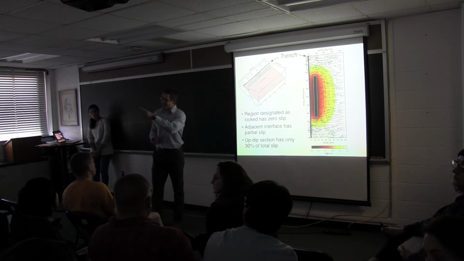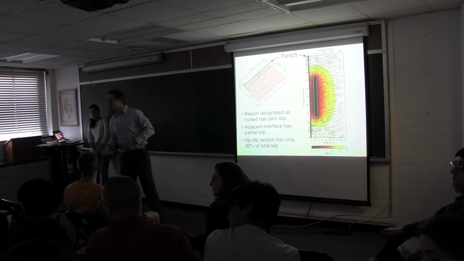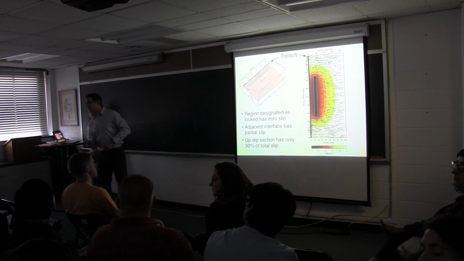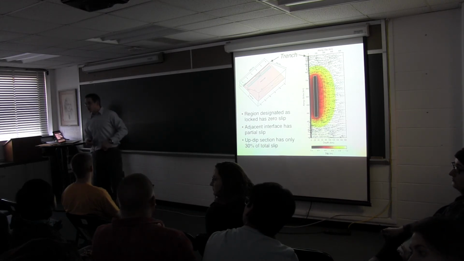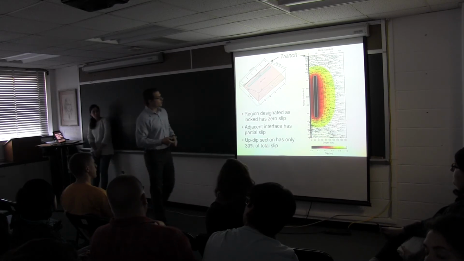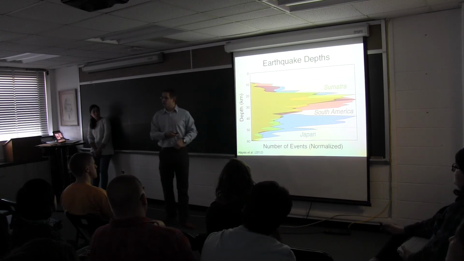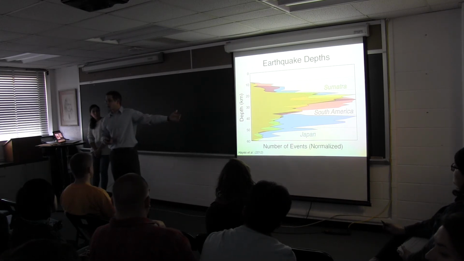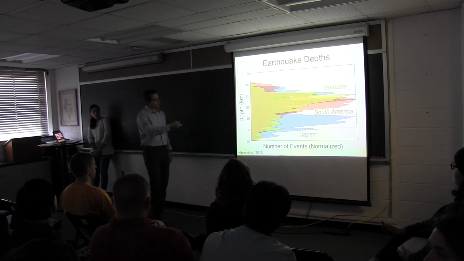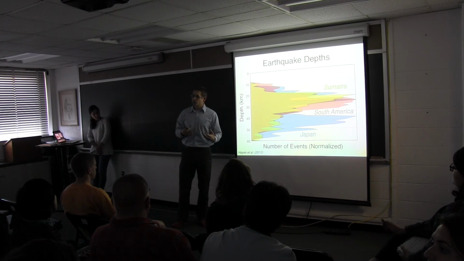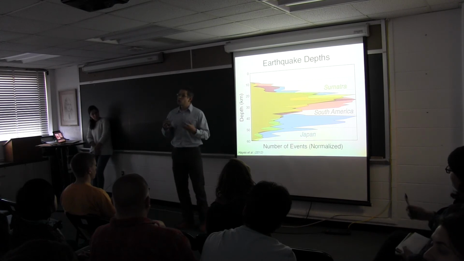Do you have a hypothesis for why that particular segment would be locked? Is there some relief on the fault plane? No, that goes back to this picture here. It's where the earthquakes are popping off, and we see this in subduction zones all around the world. The earthquakes are constrained to depths of about 20 to 50 kilometers, so we interpret that section as the part that can nucleate earthquakes.